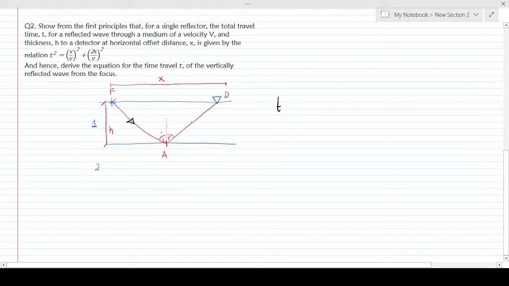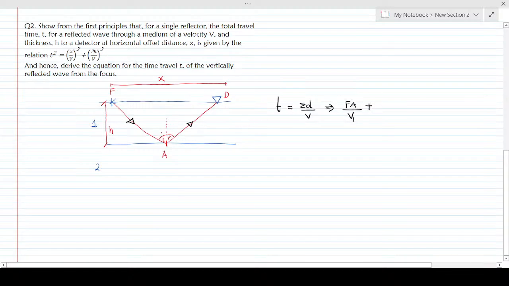Now we know that the time for the reflected wave to travel will be equal to the sum of the distance it travels over the velocity it travels with, right? So first it travels from the focus to this point, that will be FA, and it will travel with the velocity of the first medium, or the first layer.